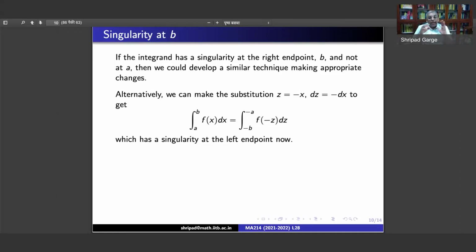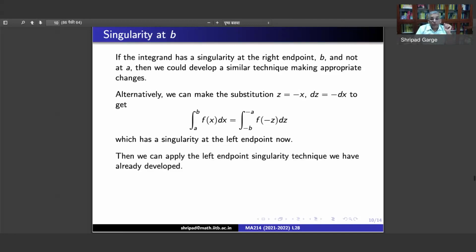Now it may happen that you may have singularities at both the endpoints A and B, or you may have a singularity at some point in between, C. So what we are going to do in that case is, let me complete this case first. Whenever you have converted your function which has a singularity at B to a function which has a singularity at the left endpoint, then you apply the previous techniques.